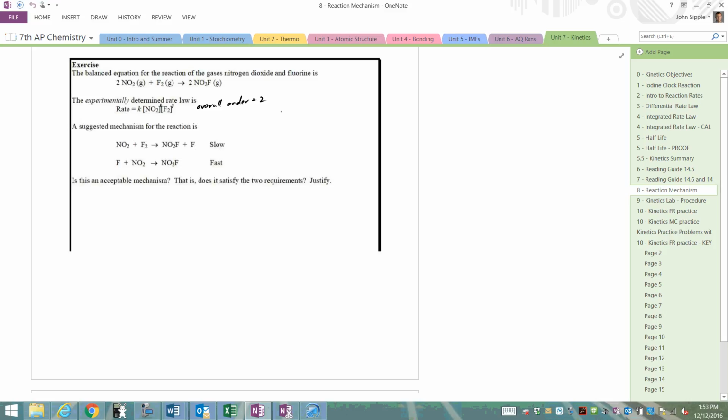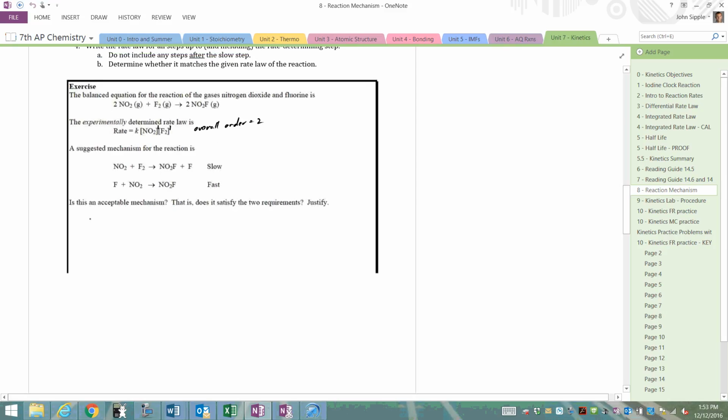To figure that out, the first thing we need to do is add the reactions together and check to see if they match the overall reaction. So do they match the overall reaction? That's the first question. We add them together and cancel out our intermediates.